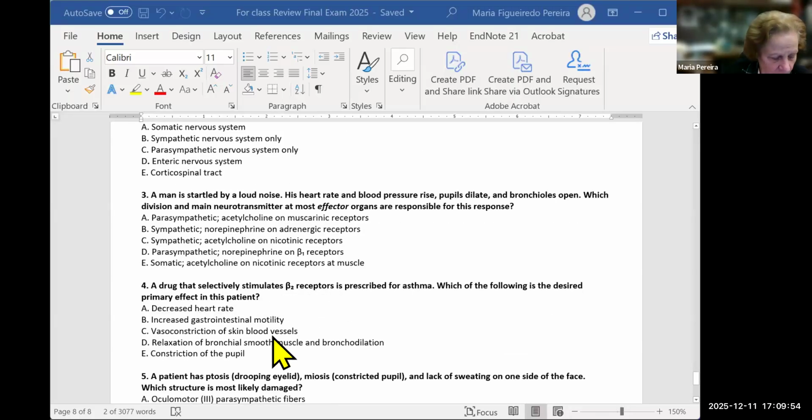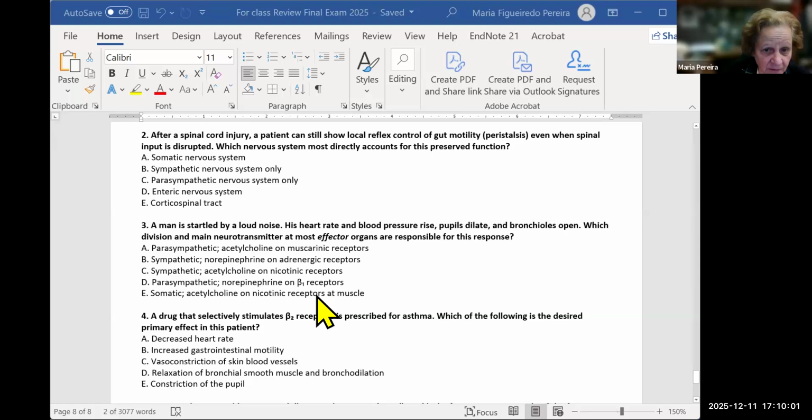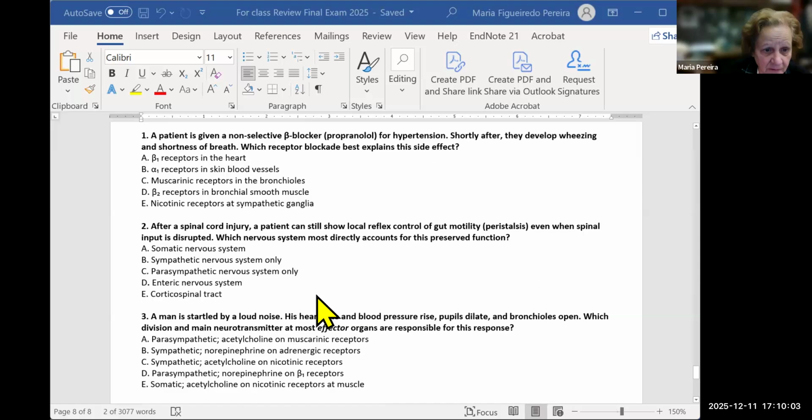Now I just have two more questions. A drug that selectively stimulates beta 2 receptors. Remember, we already know that beta 2 receptors are present in smooth muscle at the bronchi.